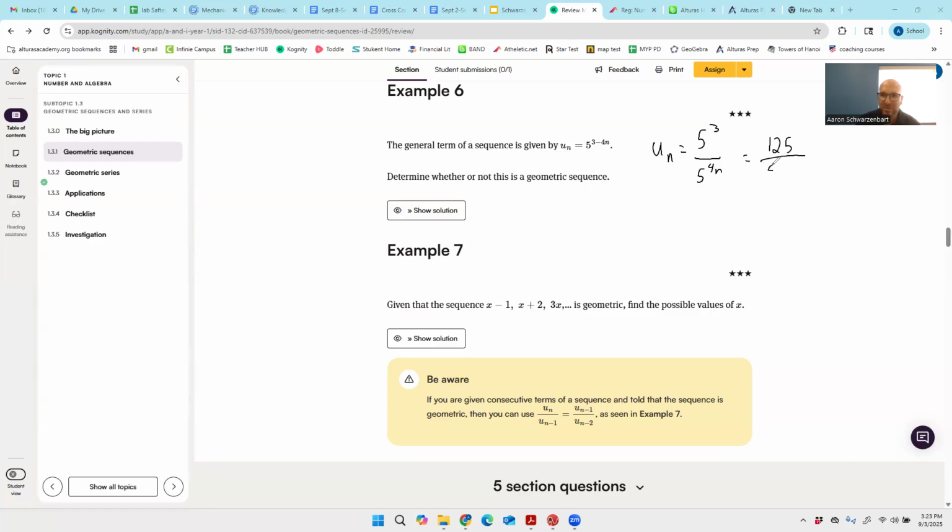This doesn't look quite geometric. Actually, maybe.